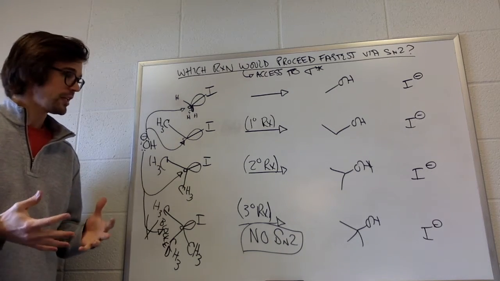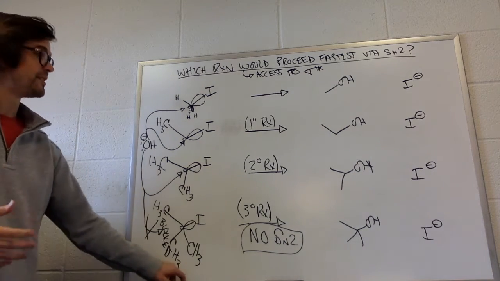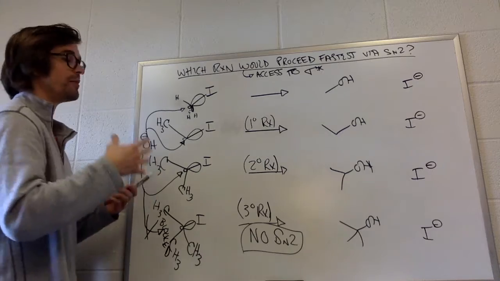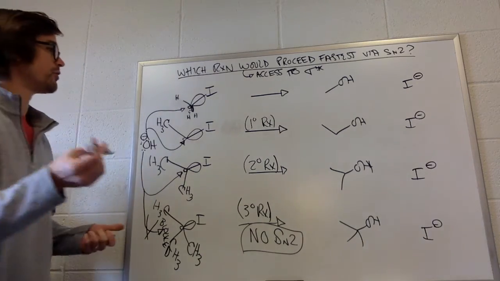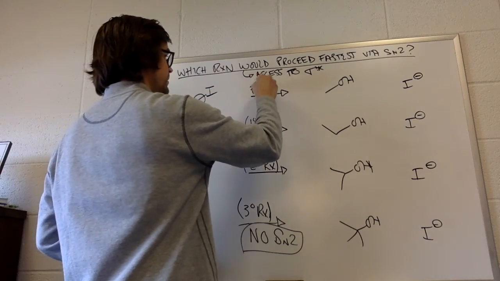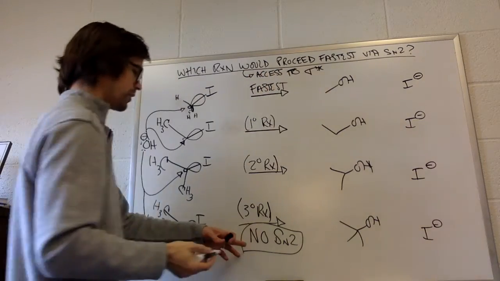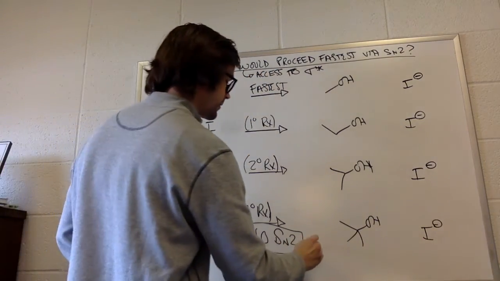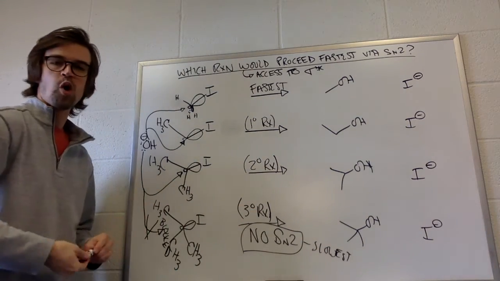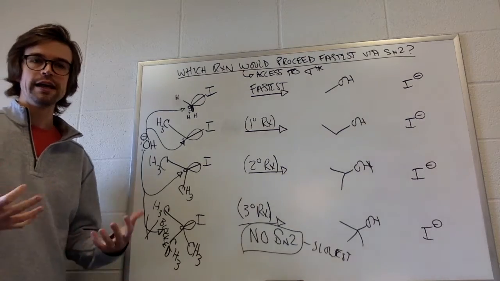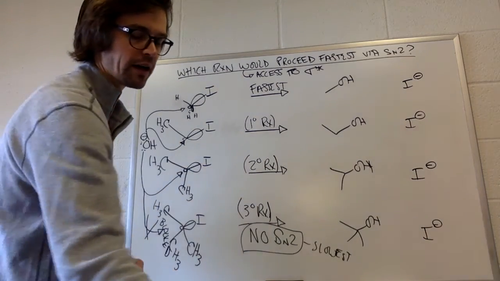So what's the fastest reaction of these? The easier that nucleophile can get to the sigma star, the faster the reaction will be. So this is the fastest. And if this one doesn't happen at all, then obviously this is the slowest. So the more open sigma star is, the easier it's going to be to get there.